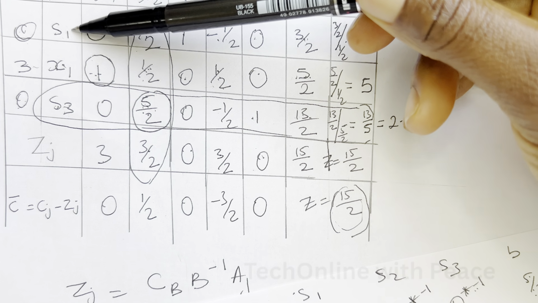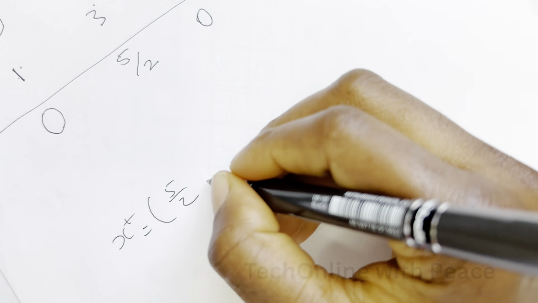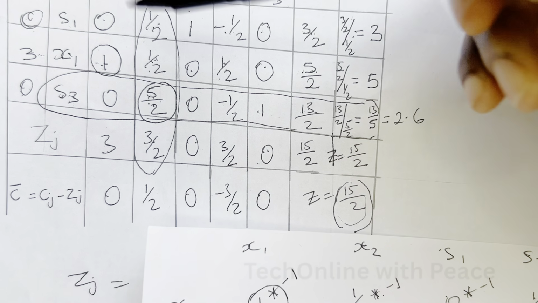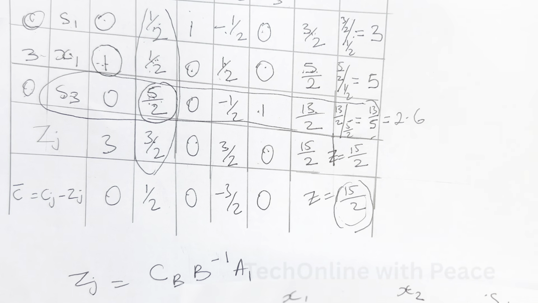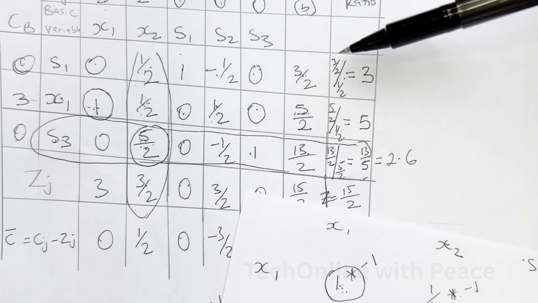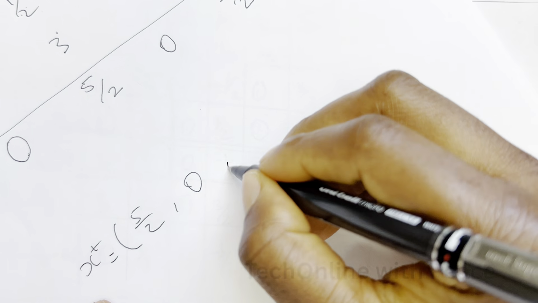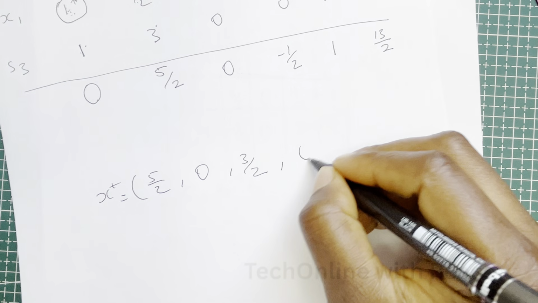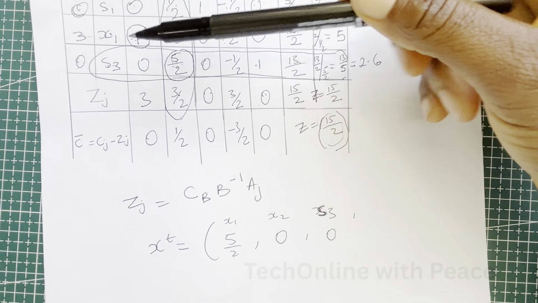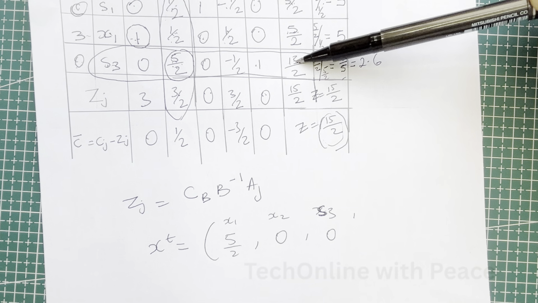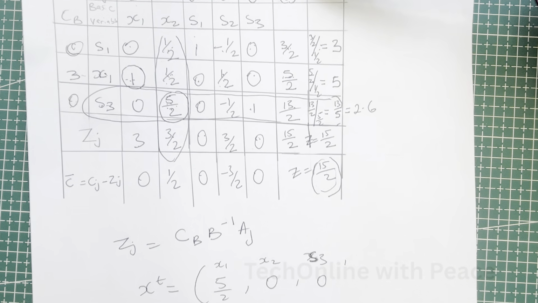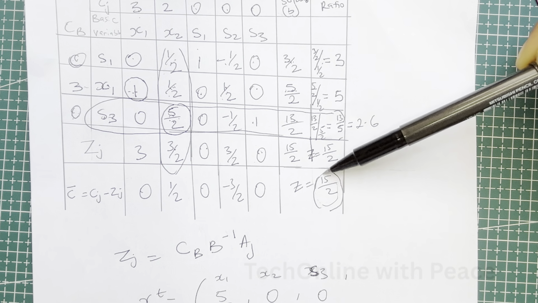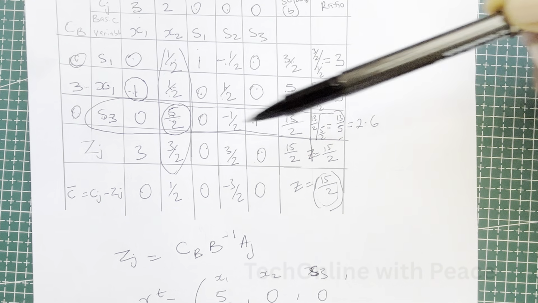There is no X2 here, so we write 0. For X1, we have 3 over 2. And for X2, there is no value, so we write 0. For S3, look at it, we have 13 all over 2. Remember, we are considering this B. We want to check if we're on track. So X3 is 13 over 2.